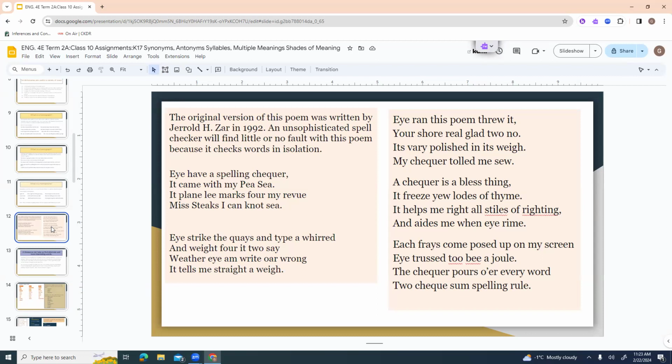You're sure real glad to know it's very polished in its way. My checker told me so. A checker is a blessed thing. It frees you loads of time. It helps me write all styles of writing and aids me when I rhyme. Each phrase come poised up on my screen. I trust to be a jewel. The checker pores o'er every word to check some spelling rule.